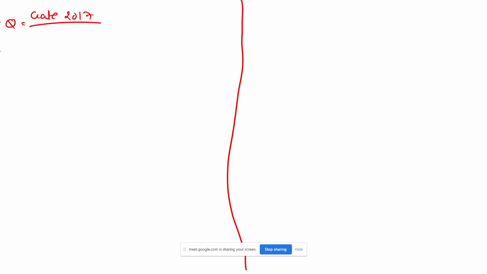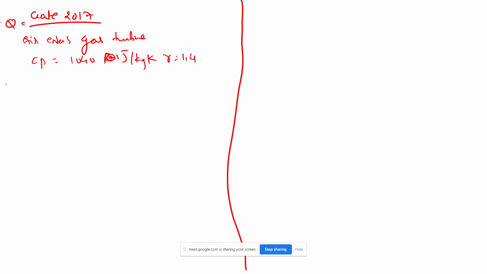So what they have given is that air is entering the gas turbine, whose value of Cp is given as 1040 joule per kg Kelvin, and gamma equals 1.4.